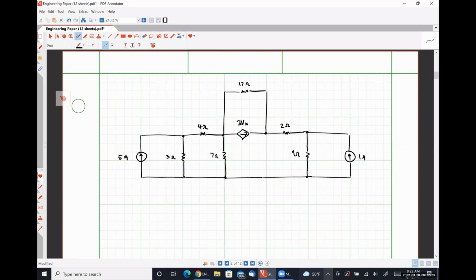What we are going to do is employ source transformation techniques to simplify this circuit down to something that we could have actually analyzed on the second day of class. Okay. So the first thing I'm going to do is identify my practical current sources here. Everything in this red box is a practical current source.